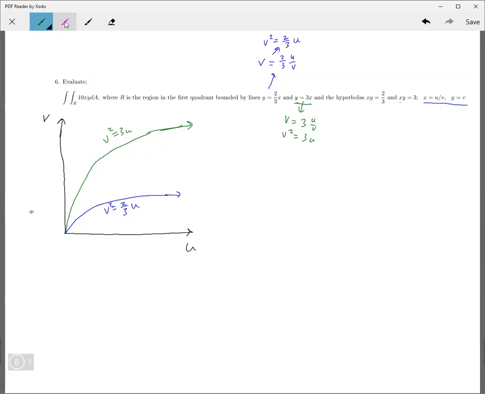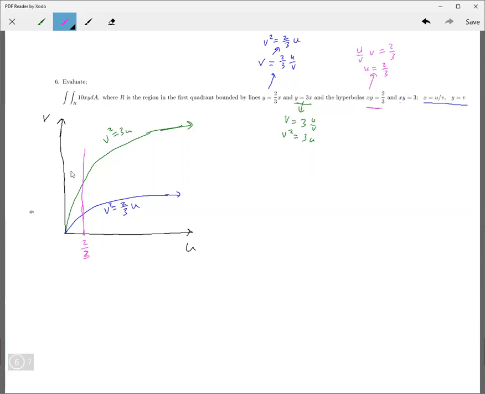Okay, now this one right here, you have xy equals 2/3. So x is u over v, y is v. So you get u equals 2/3. Let's put 2/3 right here. So u is 2/3.